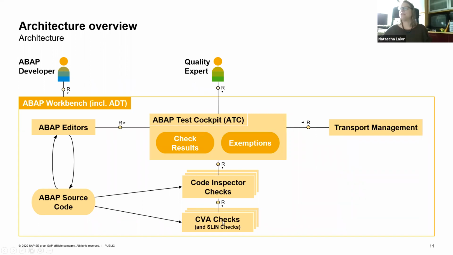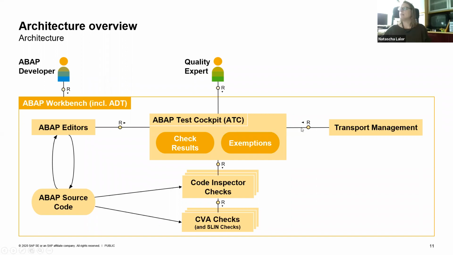The CVA checks should also be part of these normal quality gates that you scan. As I said, the check results could be emailed to the responsible developer. The developer could then raise exemptions, saying this is a false positive or this has been taken care of already.